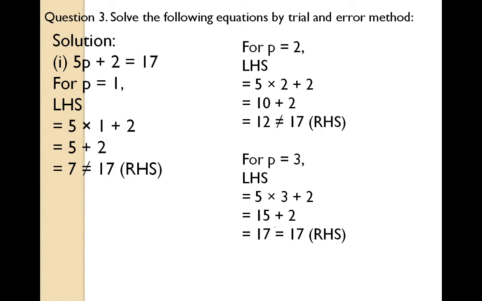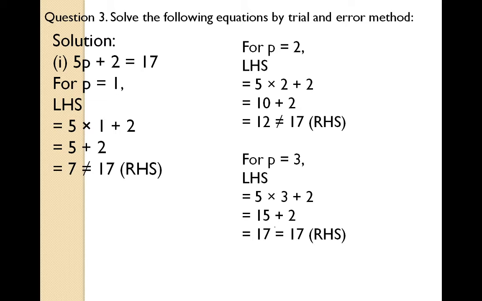That means, dear students, while solving this equation, we have to put the values in place of P, like 1, 2, 3, and up till that, we have to get LHS is equal to RHS. So the question is, solve the following equation by trial and error method.